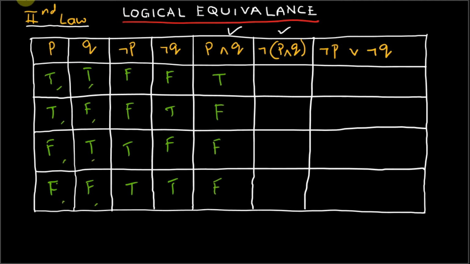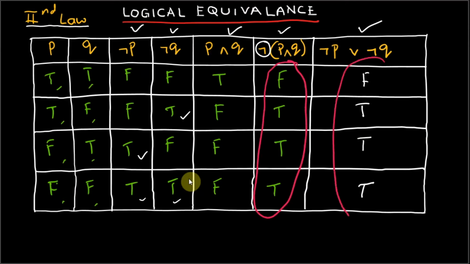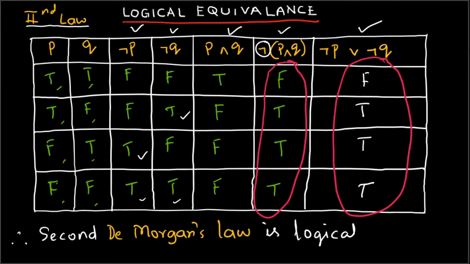The not of P and Q is the negation of column P and Q, so all entries are opposite of column P and Q. Finally, evaluate the values for column not P or not Q by looking at column not P and column not Q. If any one of the columns not P or not Q is true, the not P or not Q column is true, else it is false. The results from not of P and Q and not P or not Q show that the rows are the same and it is a tautology. Therefore, the second De Morgan's law is also a logical equivalence.